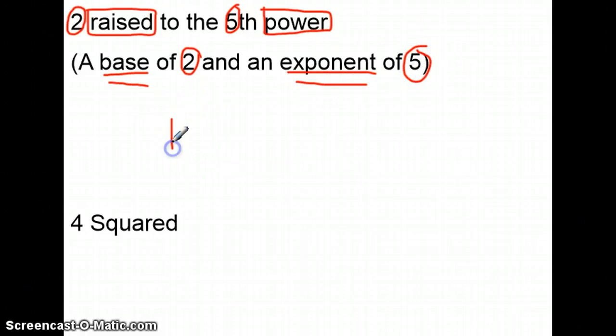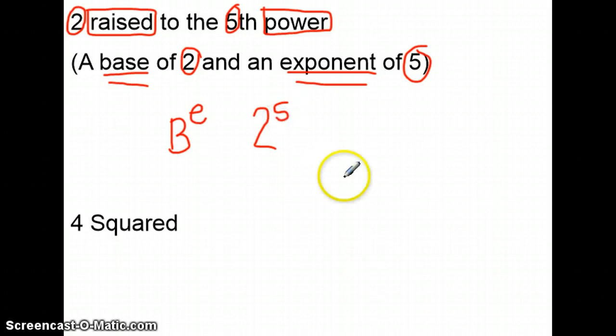So remember, it's base and then exponent. We want to be smart about how we place them. 2 is our base, and our exponent is 5.